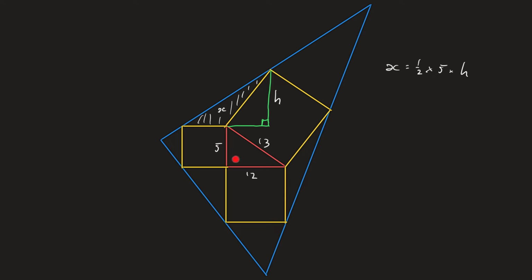Now we see, because this is 90 degrees, when this red triangle gets rotated, the 90 degrees also lines up here, and so therefore the red triangle, when rotated, becomes the green triangle, and thus h is just 12. We again arrive at X being equal to a half times 5 times 12, which is 30.